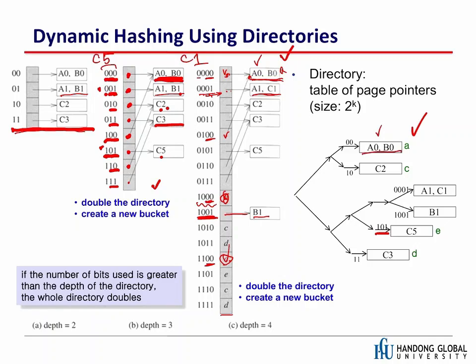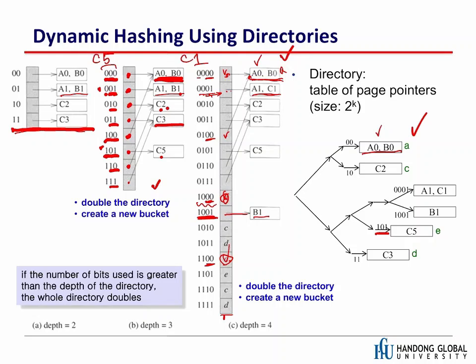But in this case, it goes to one specific directory, and then from that directory it goes to the bucket. So here's the thing. When we have an identifier, we apply a hash function to that identifier. Then the identifier goes into a directory first, and from that directory we can go to a target bucket.